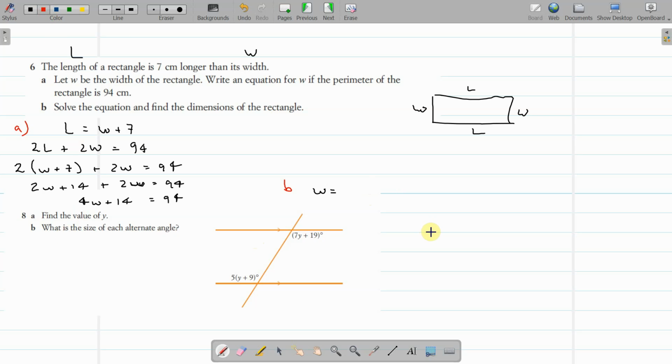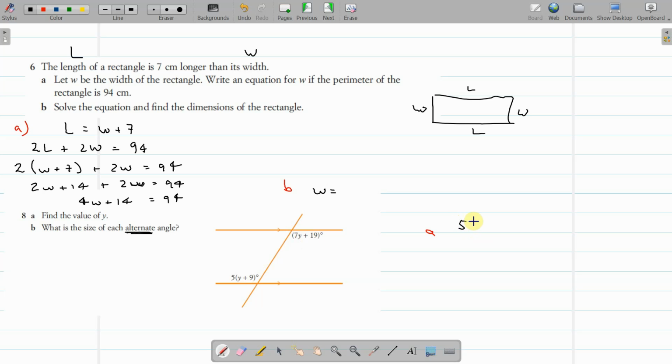Okay, so question 8. A. Find the value of y. And we've got this thing. Now these are two parallel lines. And it's a clue there, these are alternate angles. And you may remember, hopefully you do, that alternate angles are equal.